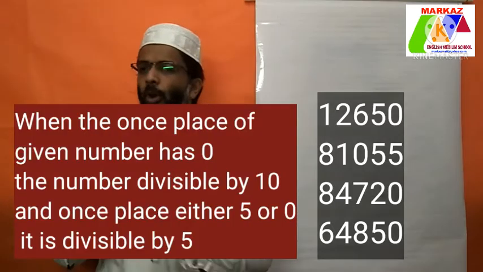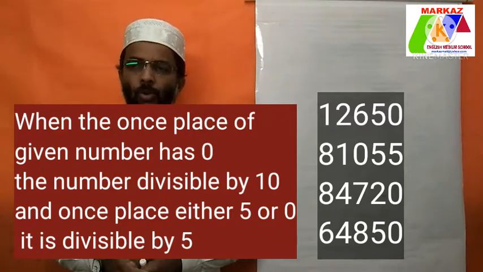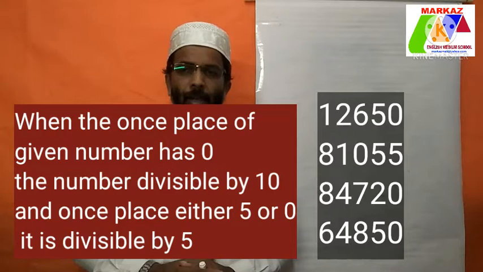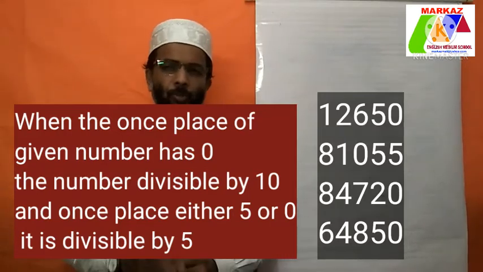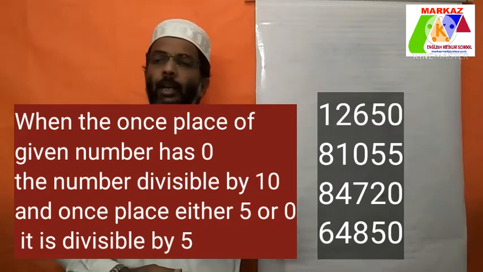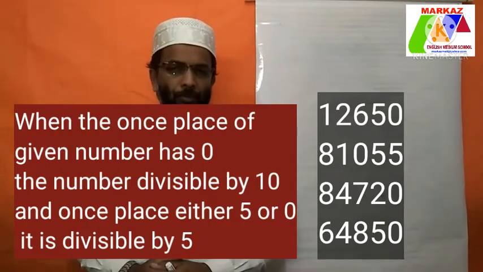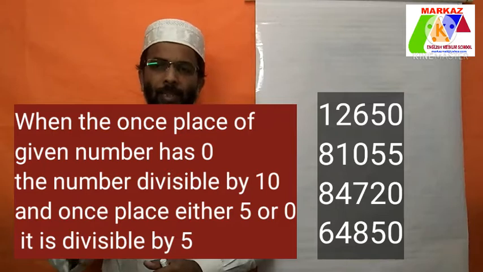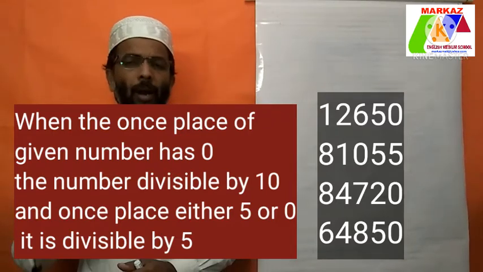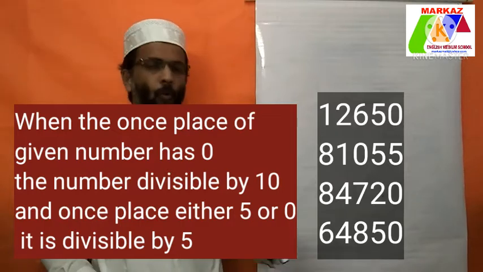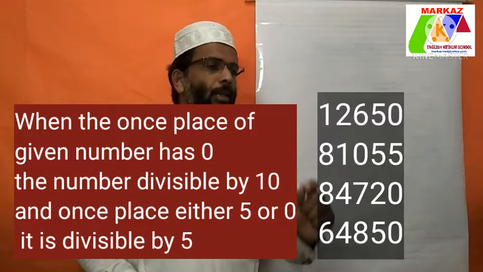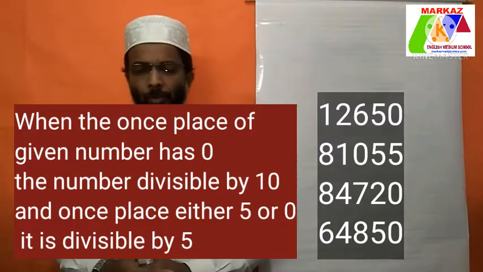When the ones place of the given number has 0, the number is divisible by 10. And if the ones place is either 5 or 0, it is divisible by 5.